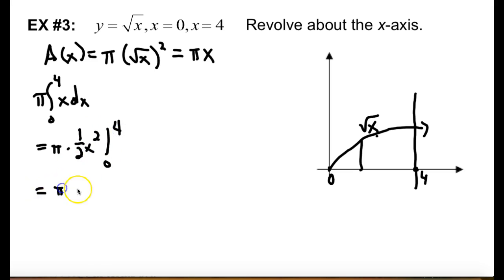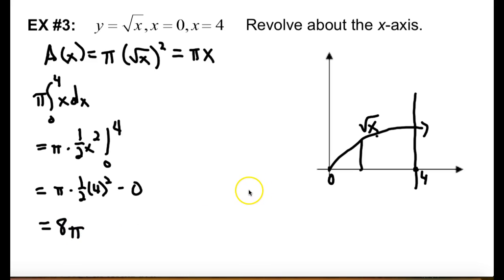So I will have pi times 1/2 times 4 squared. Then if I plug in 0, I just get 0. So 4 squared is 16, divided by 2 is 8, times pi. We get that the volume of this figure is 8 pi.